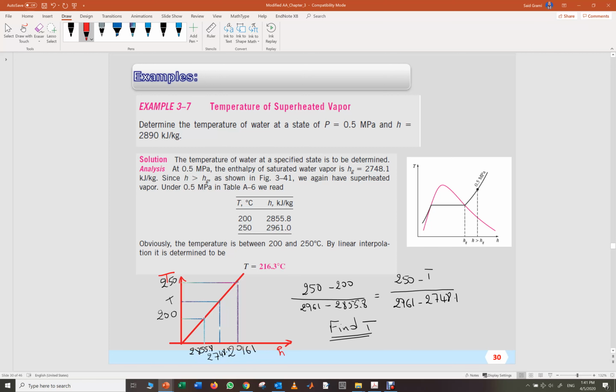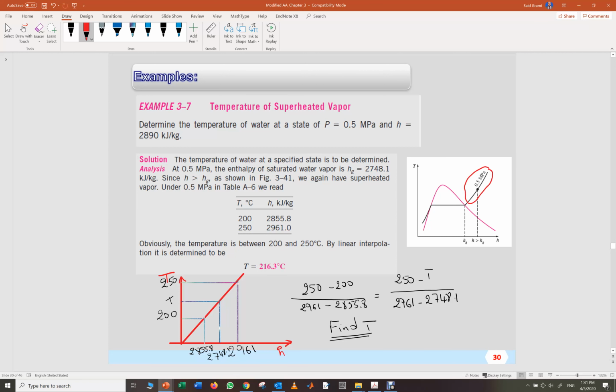Since H is bigger than Hg, as shown in the figure, here we have the curve for 0.5 megapascal. We have Hg from the table, and H is bigger than Hg, so we are in this region. That means we are in superheated vapor.